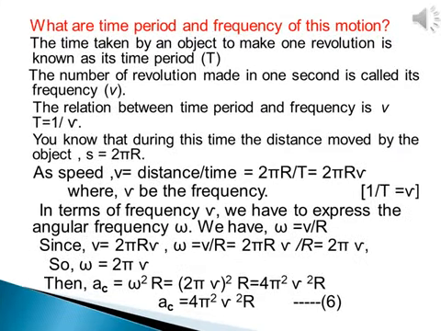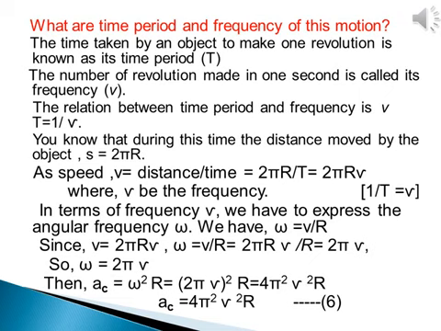Let us see what are the time period and frequency of this motion. You know that the time taken by an object to make one revolution is called its time period, and the number of revolutions made by this object in 1 second is called its frequency.